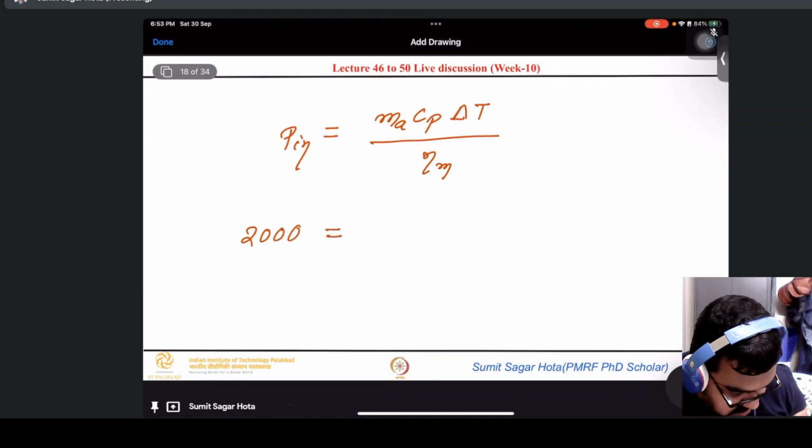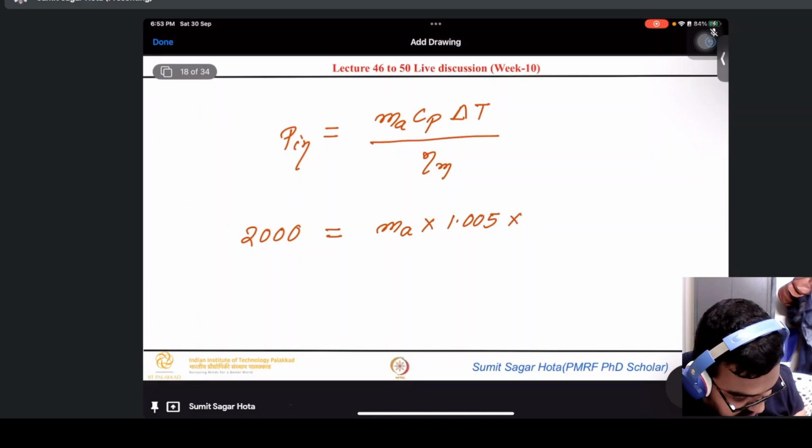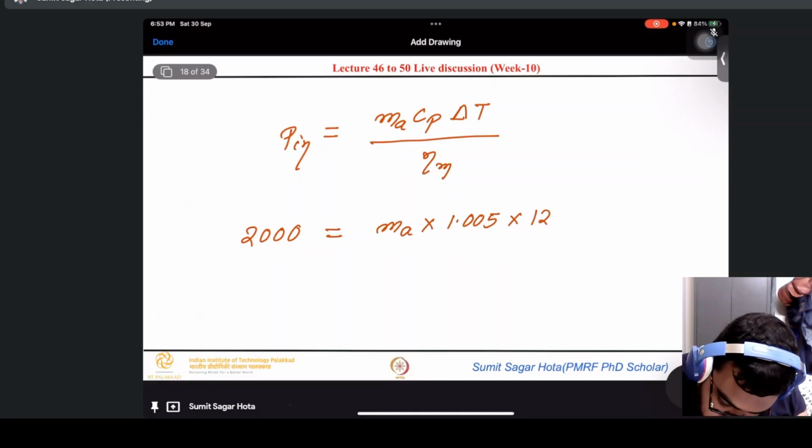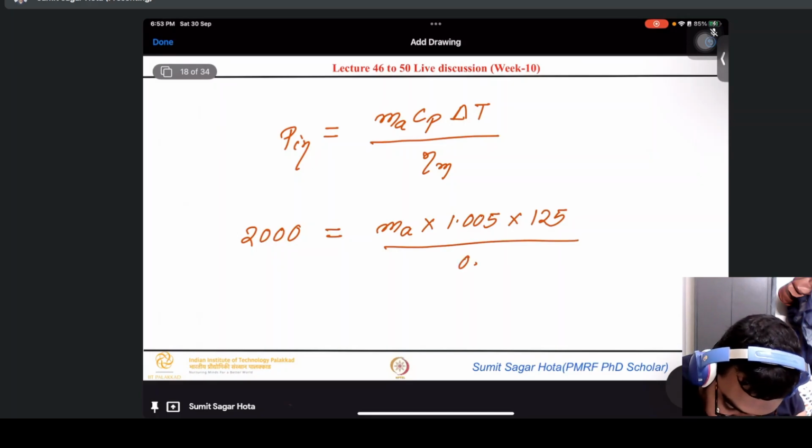2000 kilowatt is equal to MA, which we need to find out, times Cp, which is 1.005 for air, times delta T, already given as 125, divided by eta M, the mechanical efficiency, 0.95 given in the question.